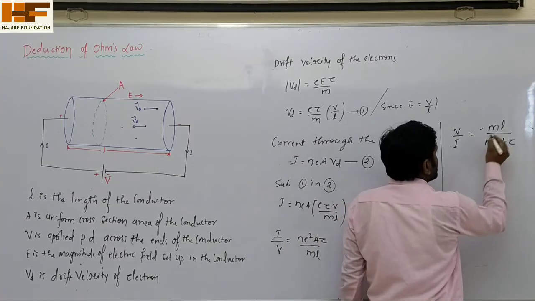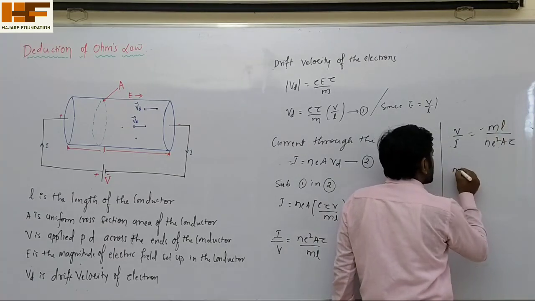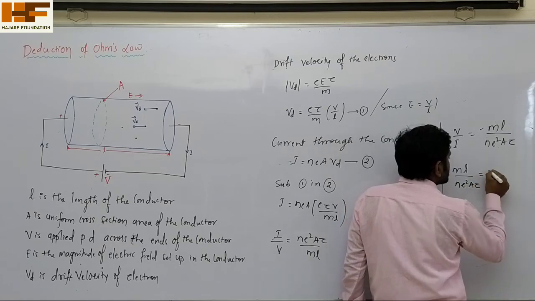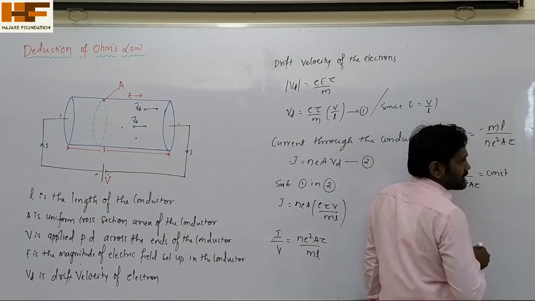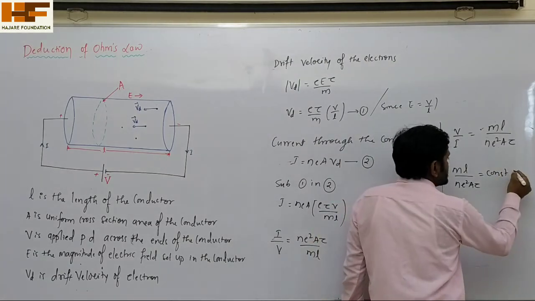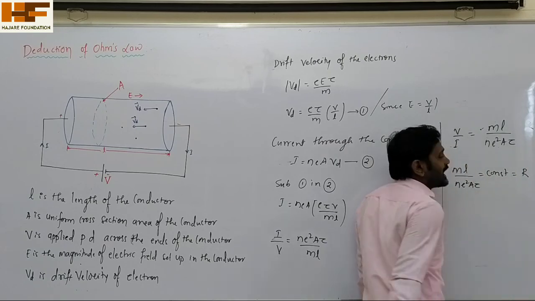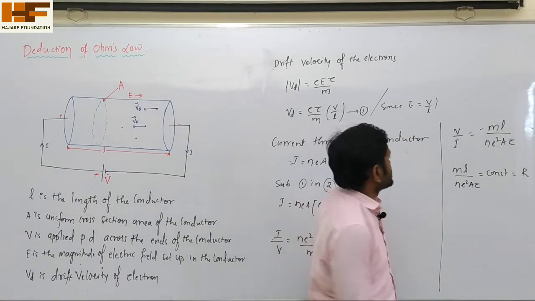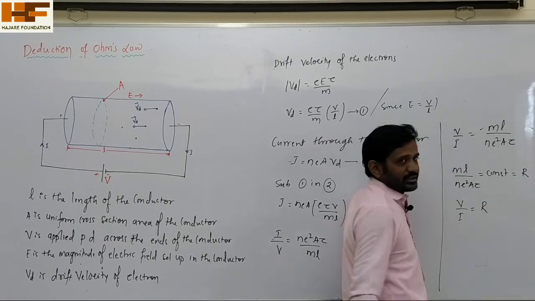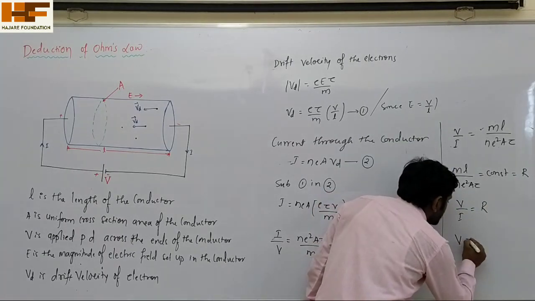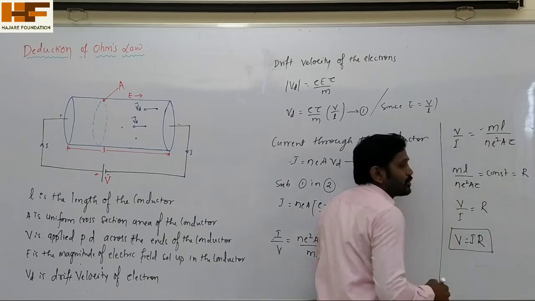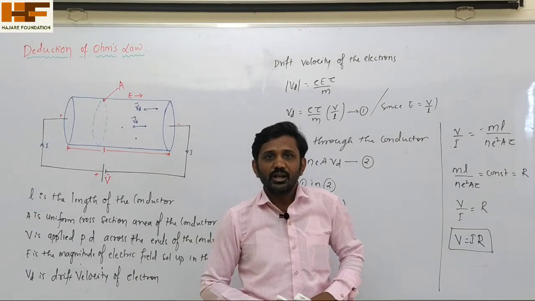That is why m L divided by n e square A tau is a constant for a given material at a given temperature. This constant we call the resistance. That is why V divided by I is equal to R, or V is equal to IR. It is the expression for Ohm's law. Okay, thank you.